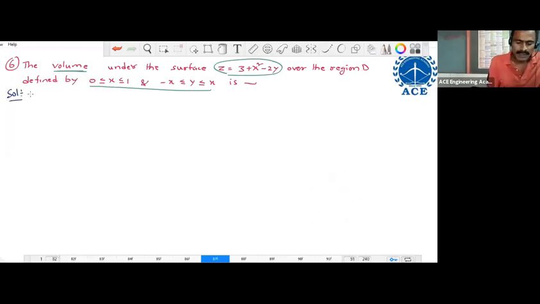Now we are asked to find the volume. Volume is given by double integral over region R. Instead of region R here, we are given D. That is the only difference.